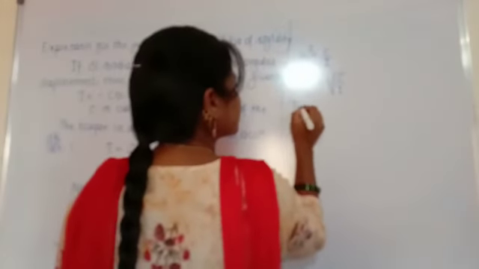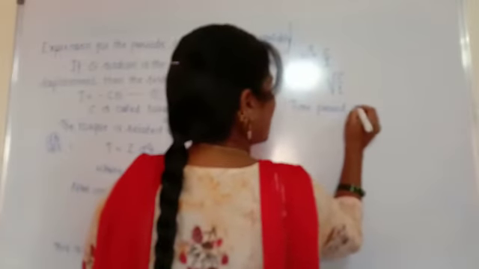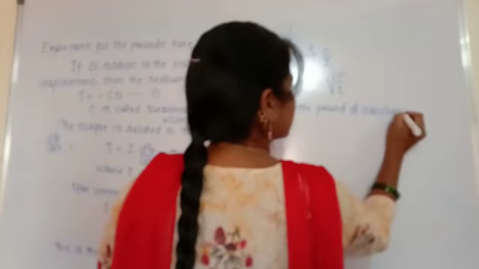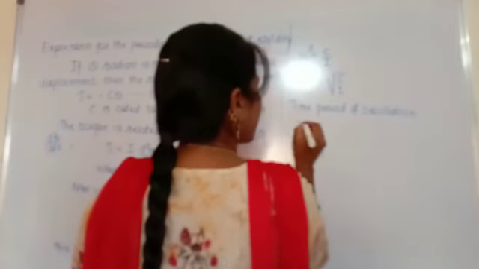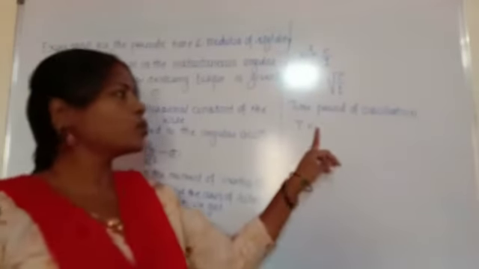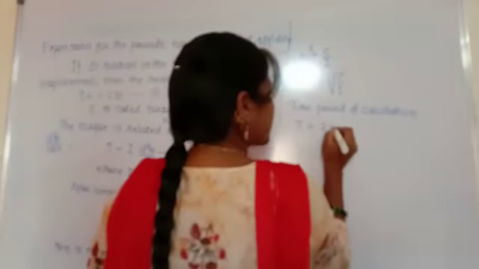Therefore, the time period of oscillation, denoted by capital T, we know that time period is equal to 2 pi by omega.